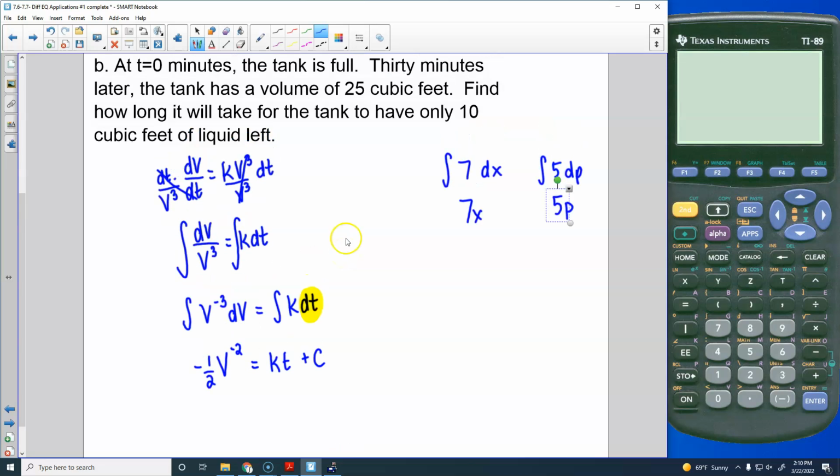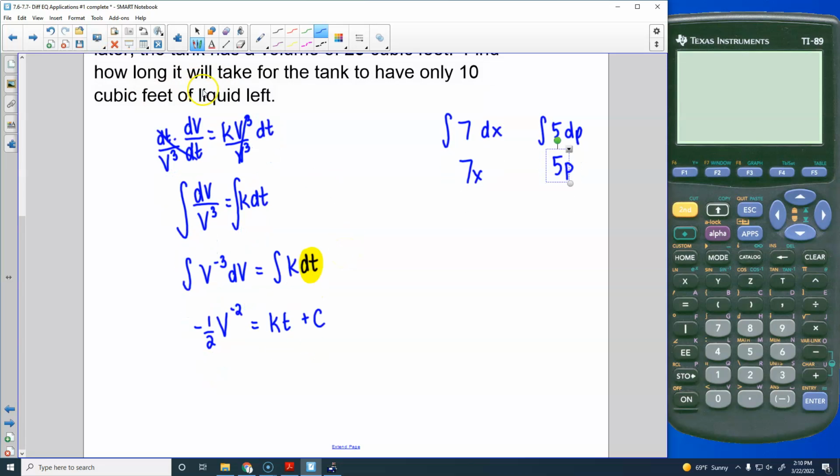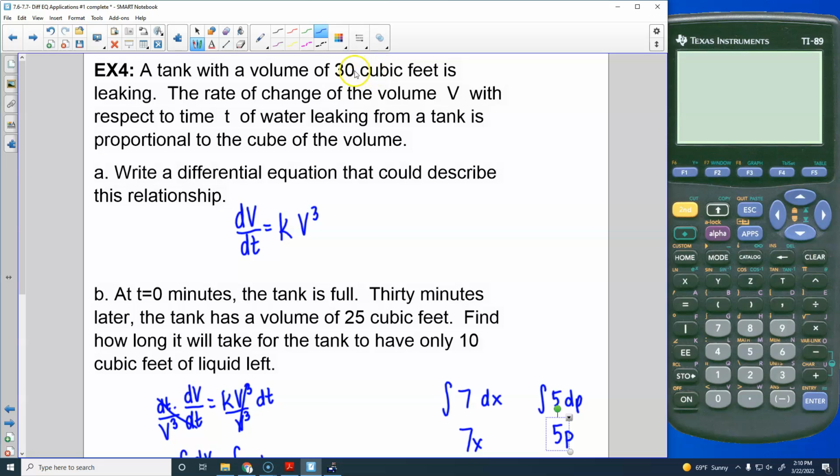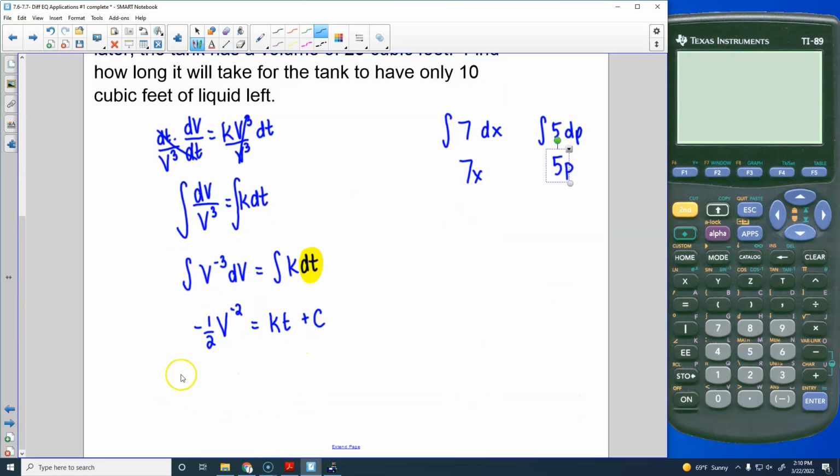So let's look at our information. At t equals 0 minutes, the tank is full. How many cubic feet is full? 30, right here. So at t equals 0, our volume is 30.